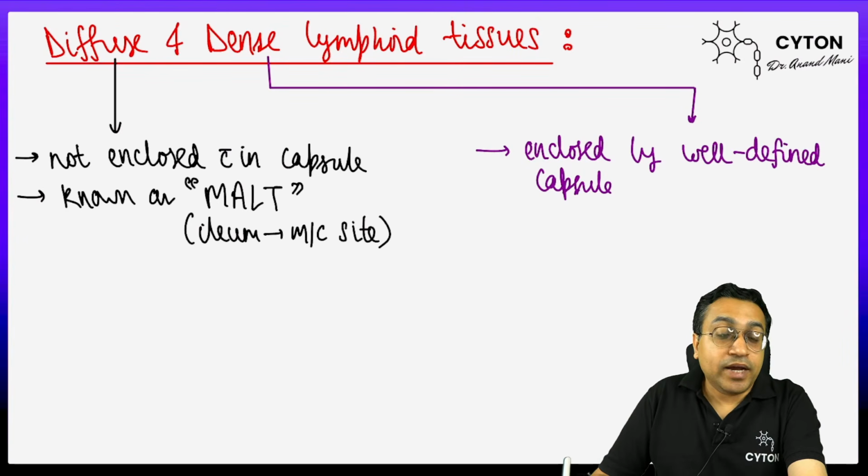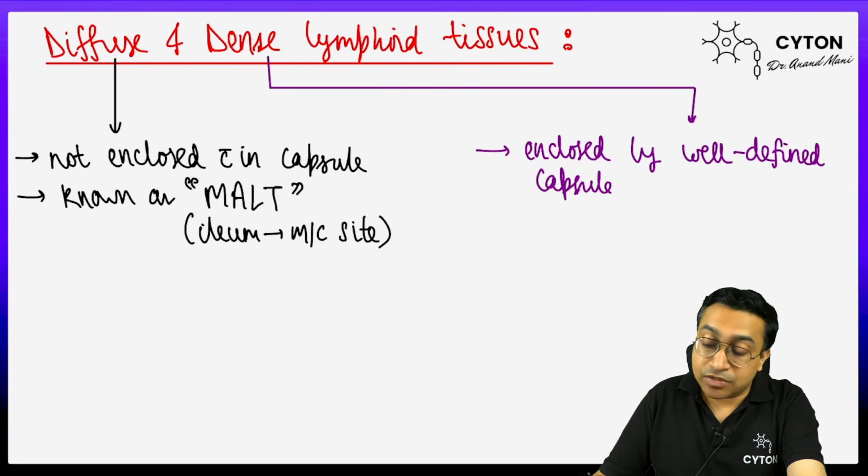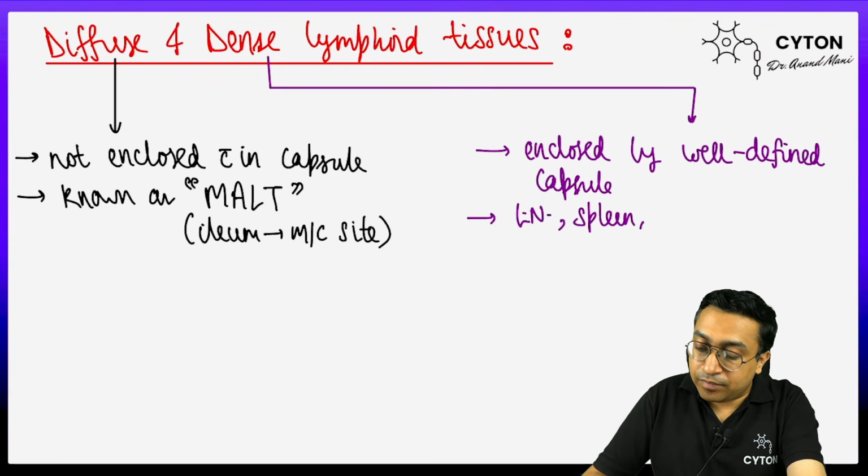Okay, and this includes the discrete lymphoid organs, which mentions the lymph nodes, the spleen, thymus, very important, and tonsils.